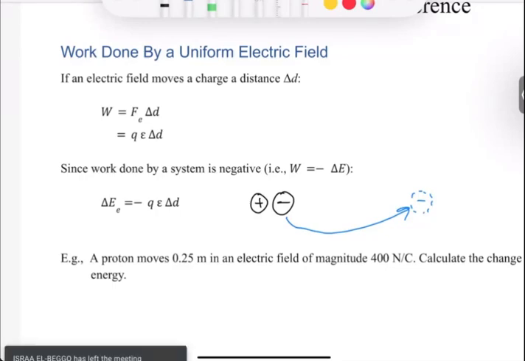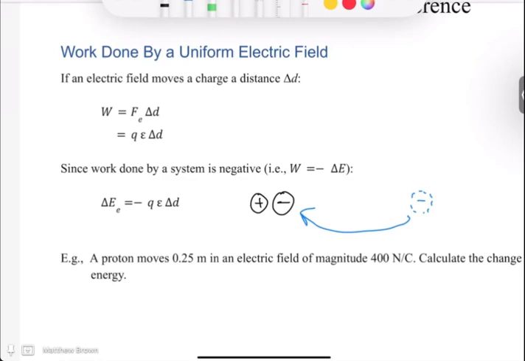Whereas if now I leave that system and the thing goes back the other way on its own, we say that's negative work. The system did this all on its own. But also be aware you could have the opposite case. If I had two positive charges, they want to repel.